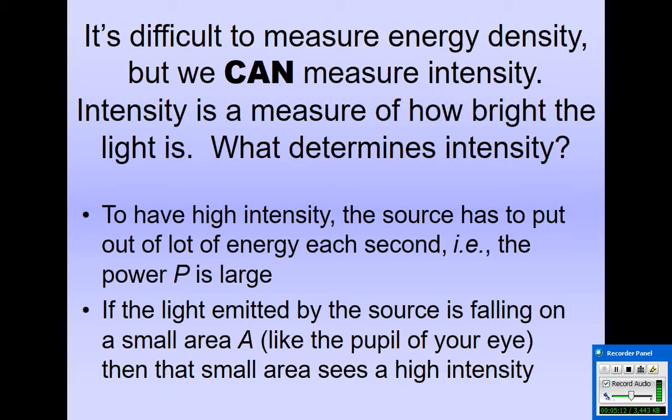The sun puts out gobs of energy, but it's spread out over a huge area. The laser puts out a very tiny energy, but it's only concentrated in a very tiny area. So the laser can be just as bright as the sun, assuming that the laser is pointed directly at you, and never do that, by the way.